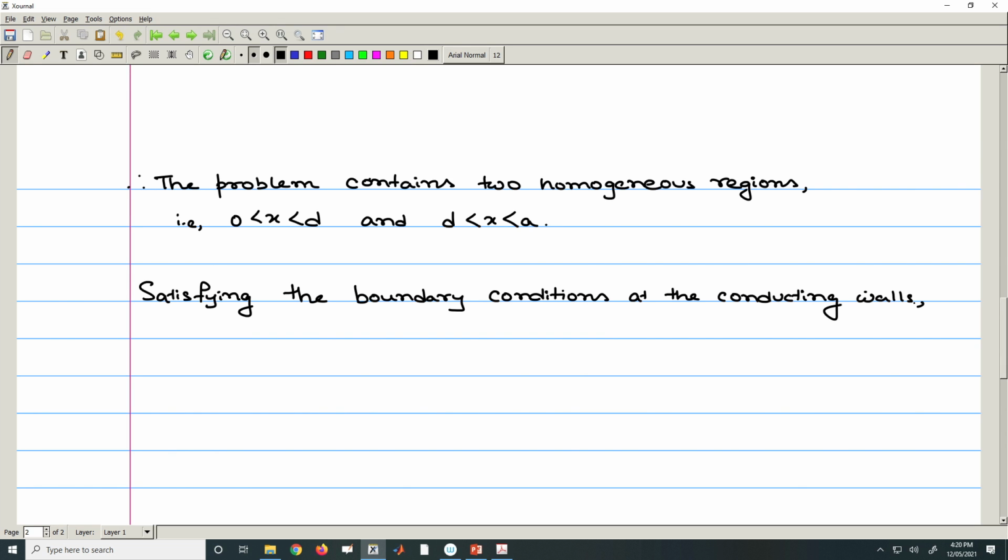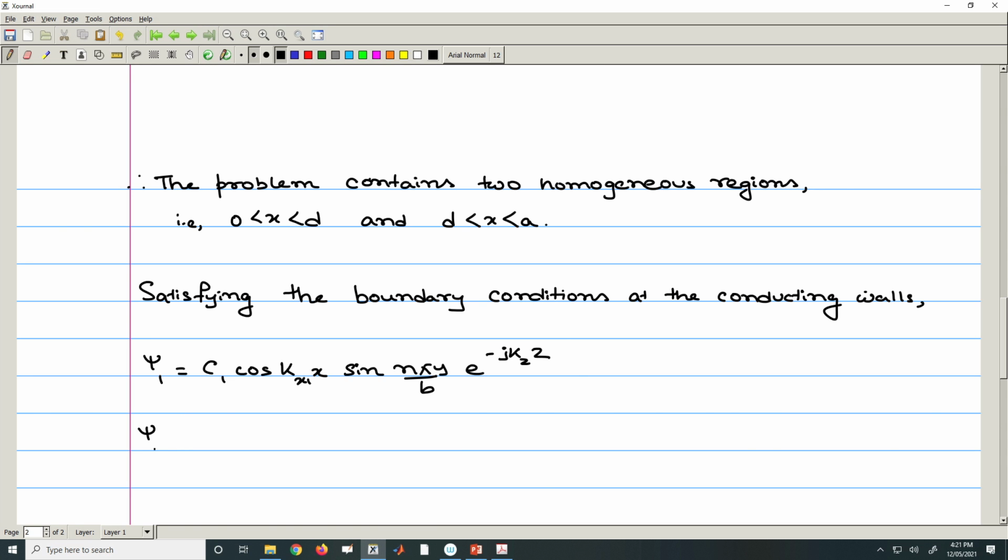we can find out the potential function psi. The first one, psi 1, can be written as C1 cos of kx1 x sin of n pi y upon b e to the power minus j kz z.